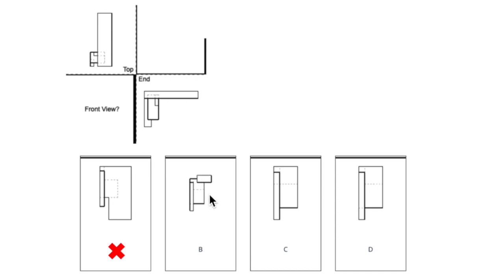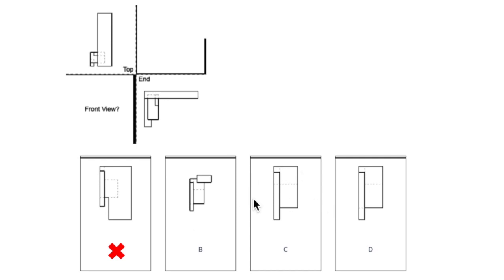And it seems like this dotted line here must be this rectangle that we see here and this little rectangle that we see here. So it seems that this rectangle here must be a cutout in this bigger rectangle. So to me, it seems that B is the correct answer.